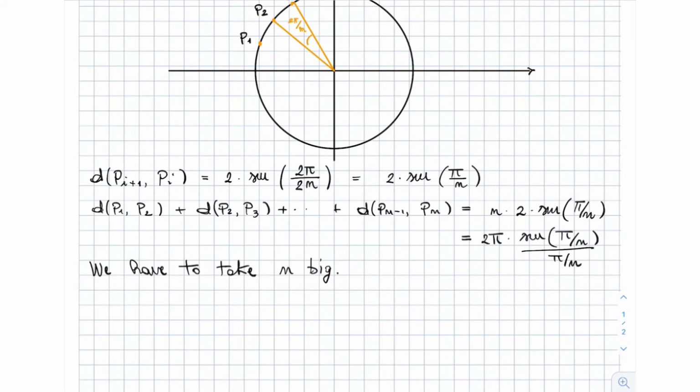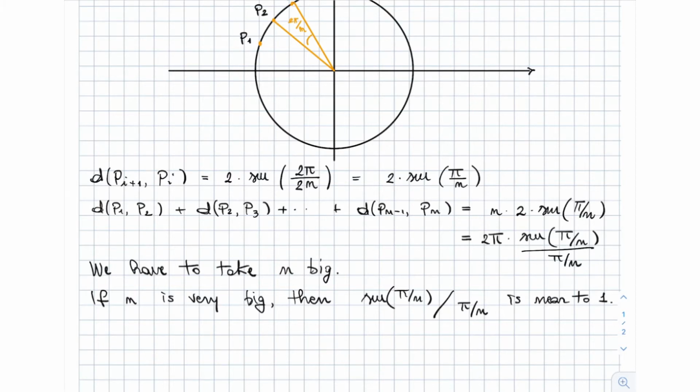And what I want to show you now is that if n is very big, then the sine of (pi divided by n) divided by (pi divided by n) is near to 1.